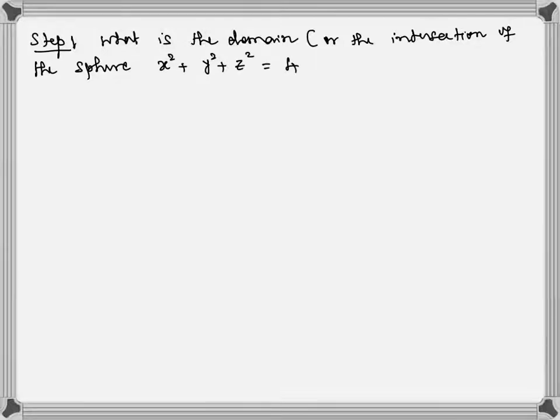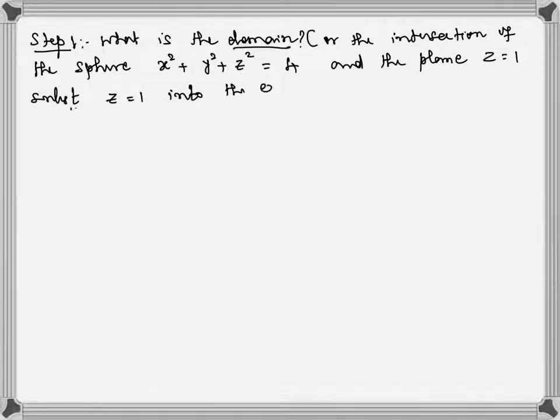So the intersection of the sphere x squared plus y squared plus z squared equals 4 and the plane z equals 1: substitute z equals 1 into the equation of the sphere.